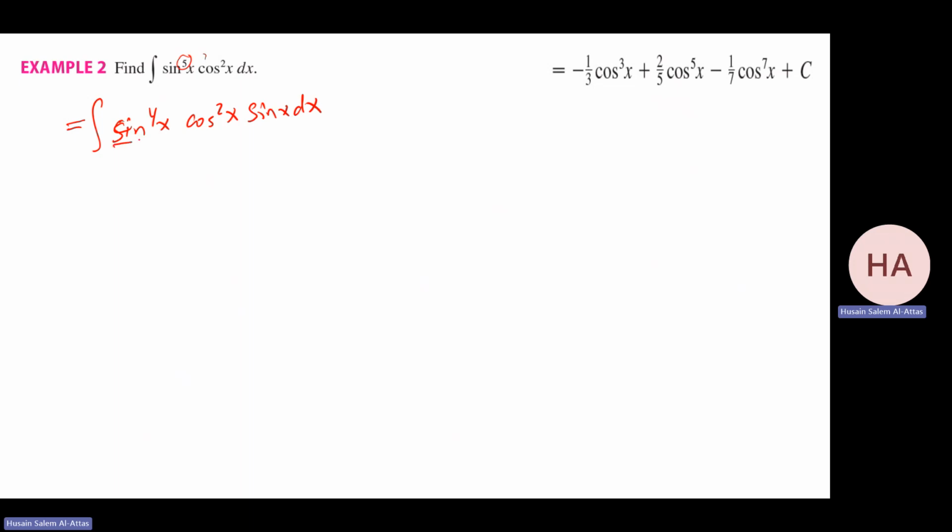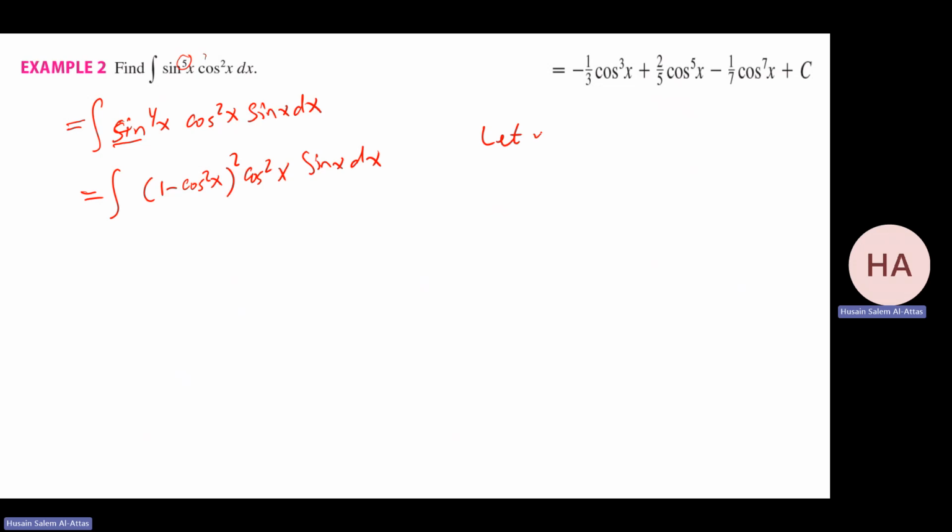I change this into sine squared to cosine, so that will be 1 minus sine squared all squared, which is cosine squared, times sine x dx.